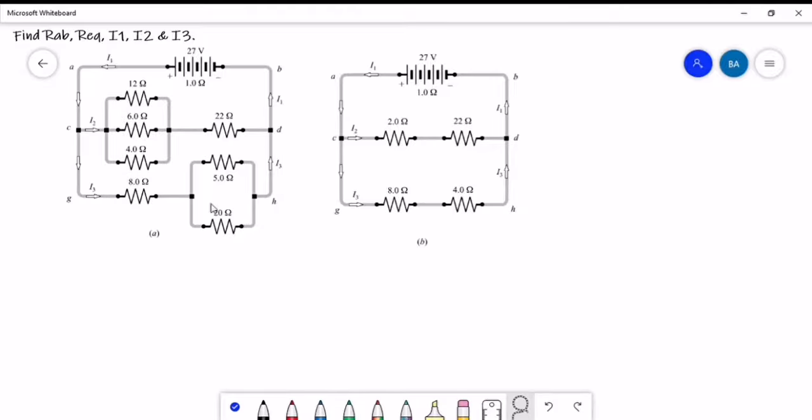So this includes this circuit. Take note that our voltage source, which is 27 volts, has an internal resistance of 1 ohm.